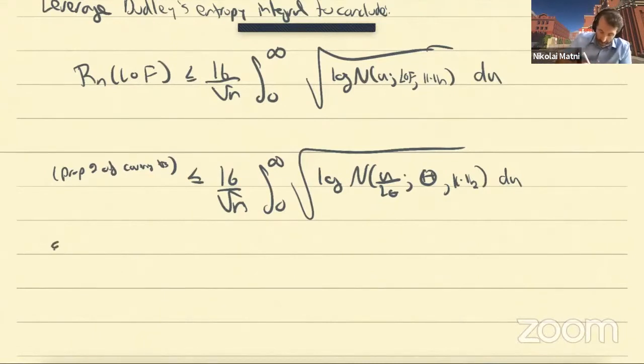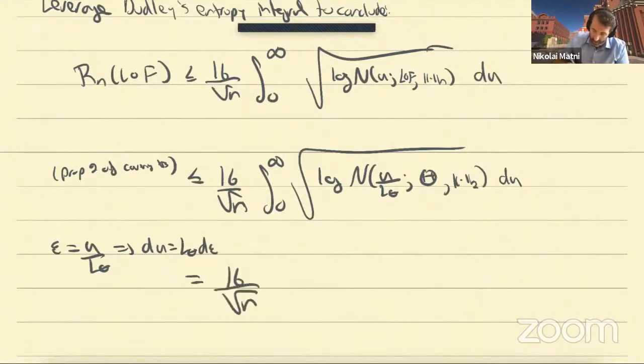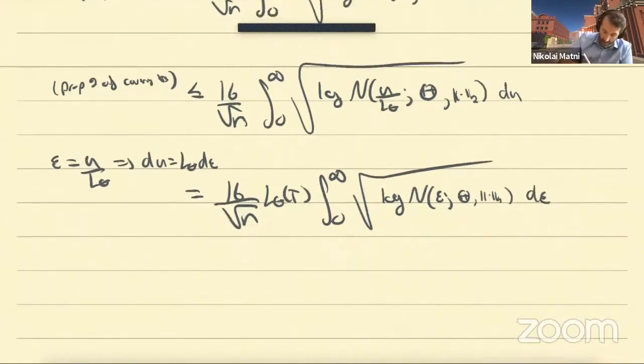We define epsilon to be u over L theta. This tells me that du is equal to L theta d epsilon. So I can rewrite this as 16 over square root n, now L theta of t pops out, times the integral from 0 to infinity of the square root of log of the covering number of epsilon, of theta, d epsilon.